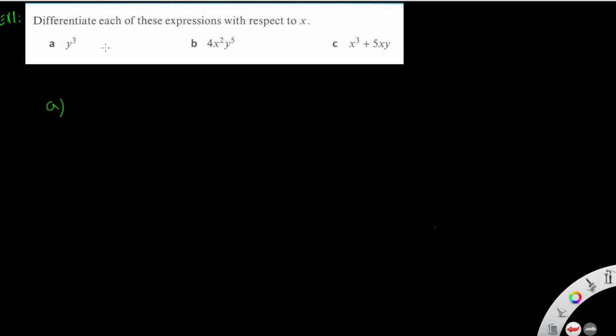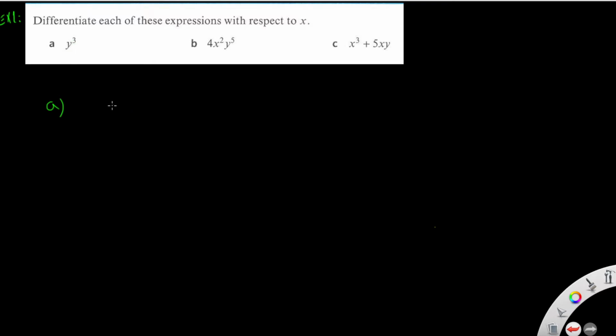Example 1. Differentiate each of these expressions with respect to x, y cubed. Now, when you want to differentiate with respect to x, so here for y cubed, chain rule must be implemented.